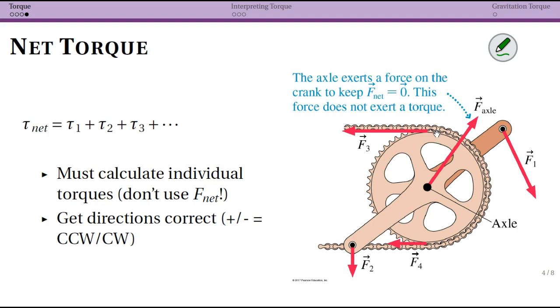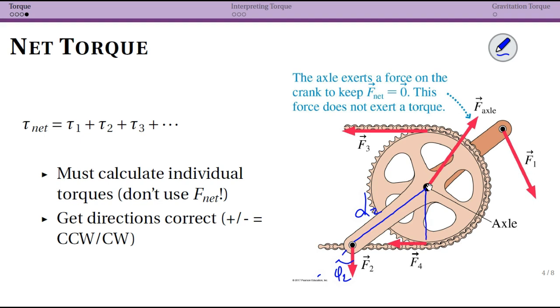So in this case, each individual force would have to be thought about in terms of the direction it's applied at and the distance from the axle. So for this one, I have this distance, and then I see that I have this angle.